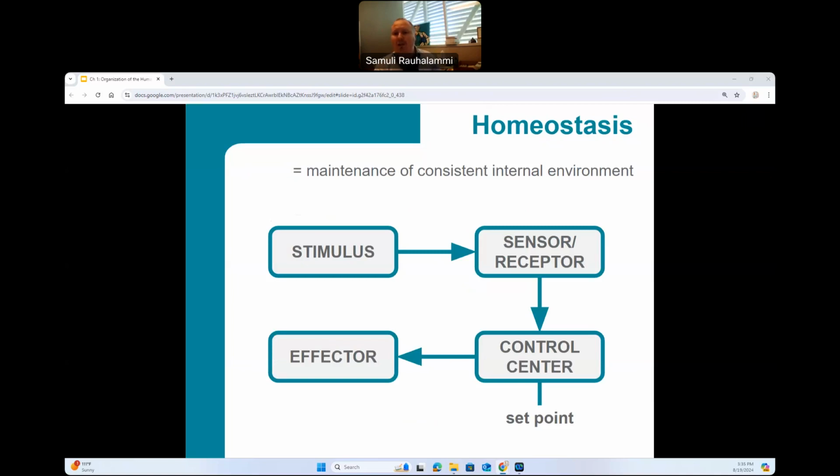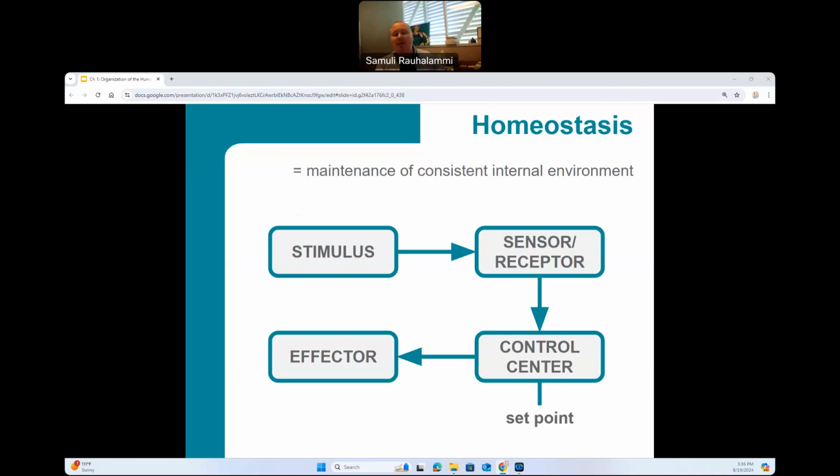An effector could be anything that we use to respond to these changes. This could be a behavioral thing. For example, if we're thinking of that temperature example, putting more layers on or curling up if it's too cold, or removing some layers or leaving the hot room if it's too hot.